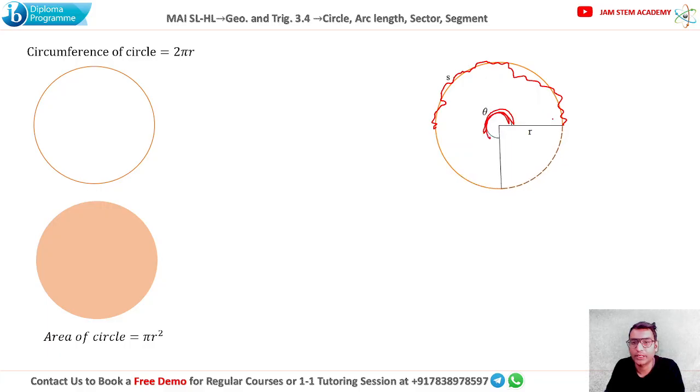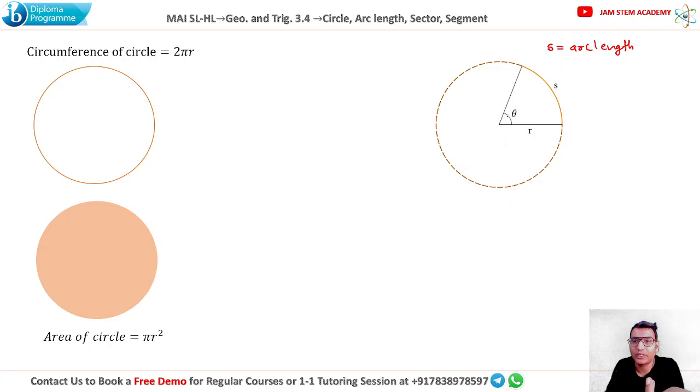The total makes a 360-degree revolution. Consider that we stopped at some angle theta, and this portion on the circumference has length s. This s is our arc length.